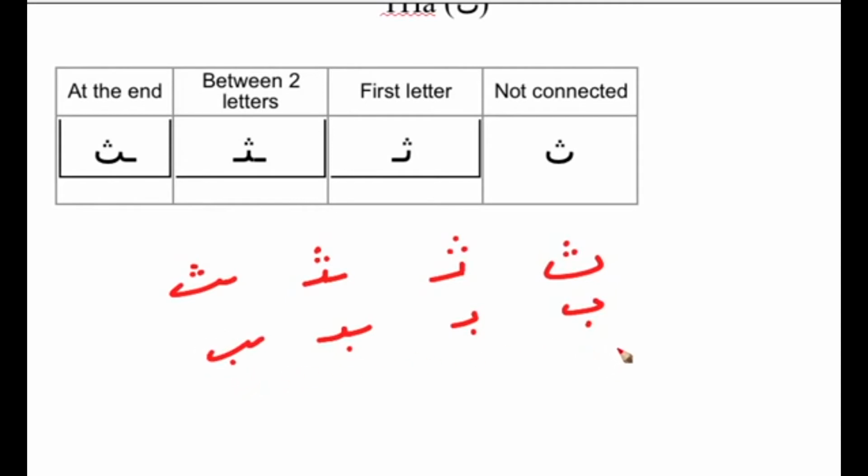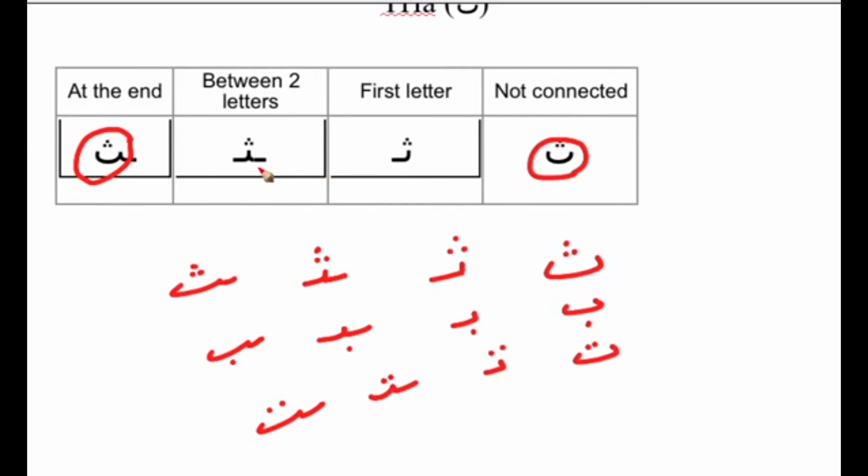And we learned about the letter Ta, alone and independent, Ta in the beginning, Ta in the middle, and Ta at the end. Again, to refresh your memory, the letters at the end always go back to the original shape, except there is a little bit of connection here. This is the original shape.